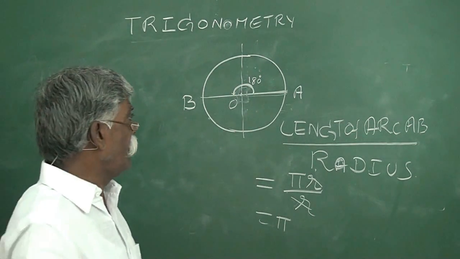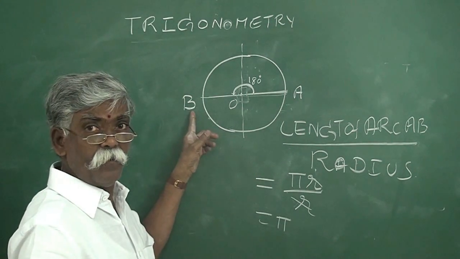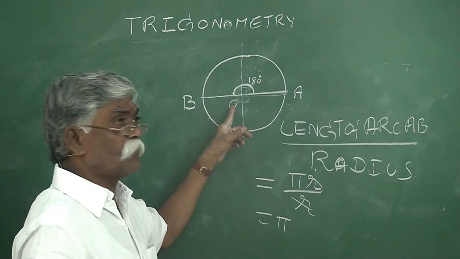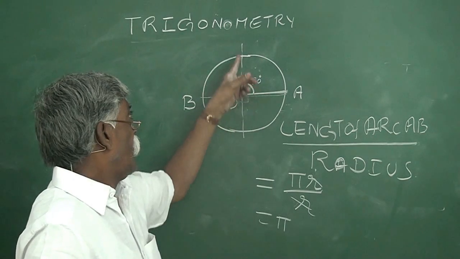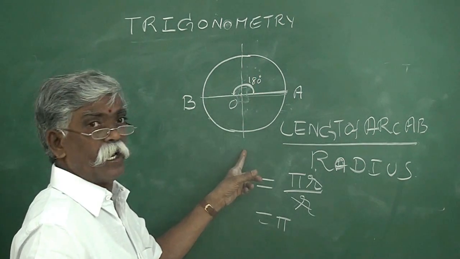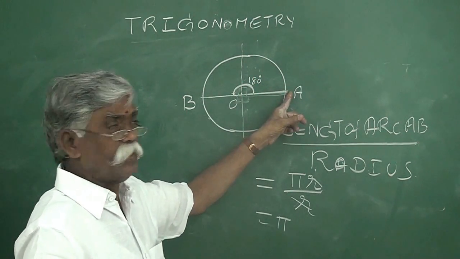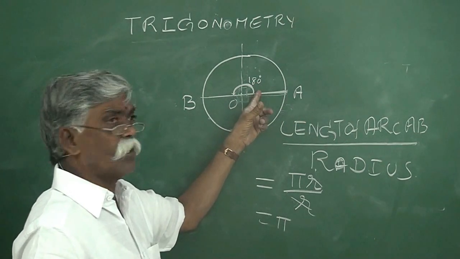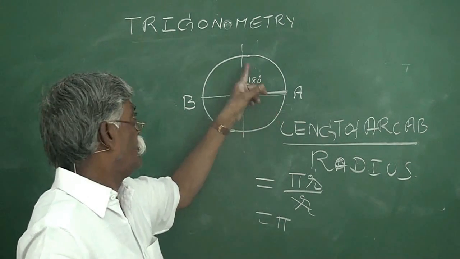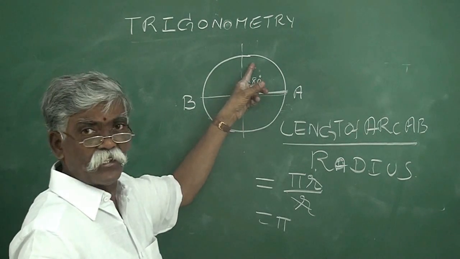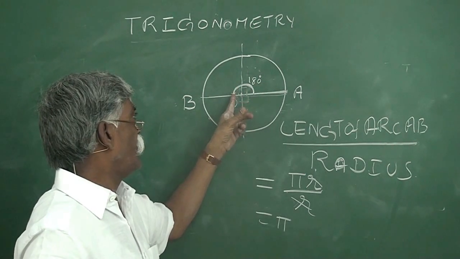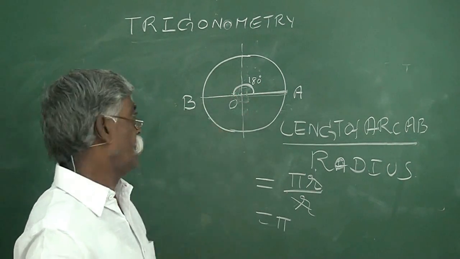Once again, look here carefully. A and B are the ends of the diameter of a circle of center O, and this is a vertical line and this is a horizontal line. The angle between the vertical and the horizontal is 90 degrees. So completely this angle is 360. So from here to here it is 180 degrees.